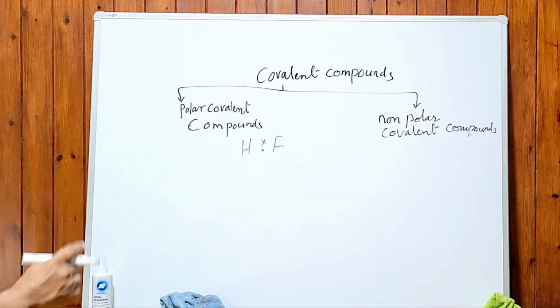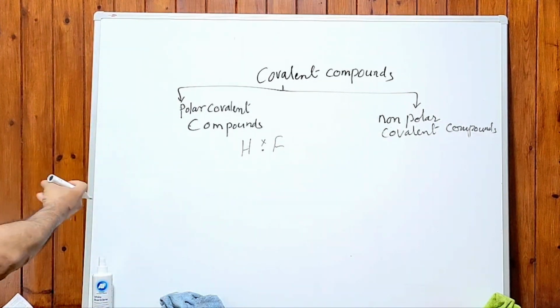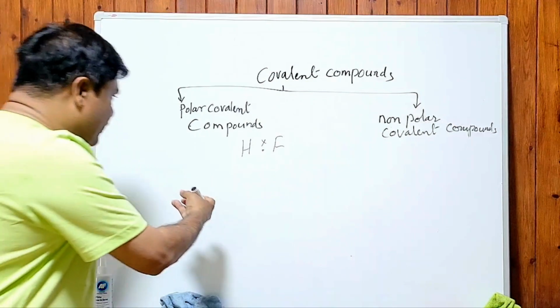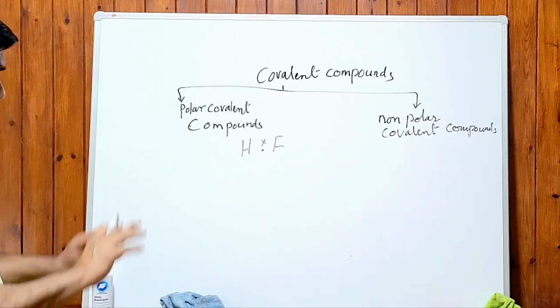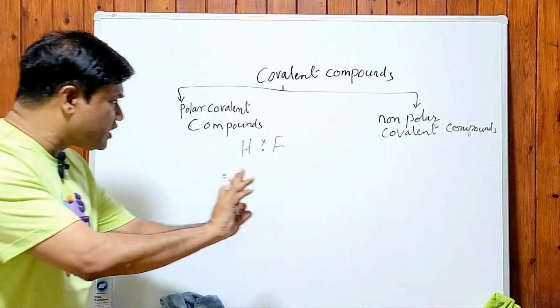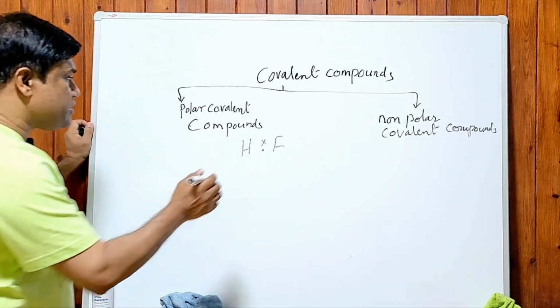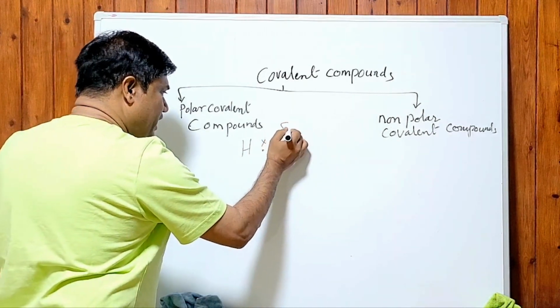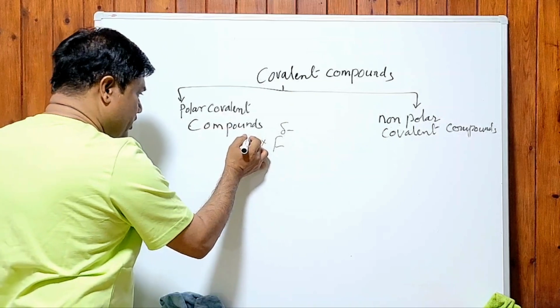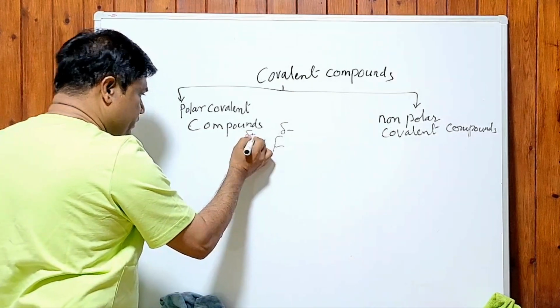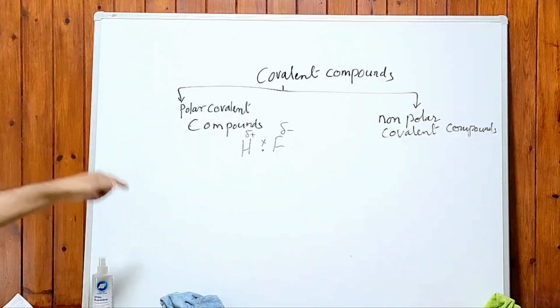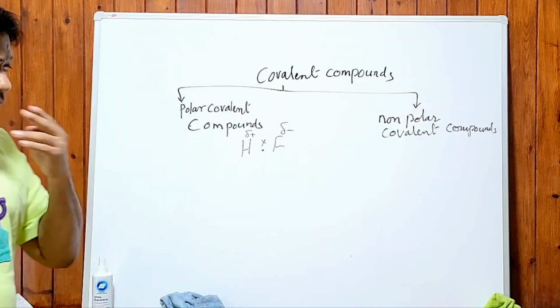Fluorine has the highest electronegativity, so it withdraws or attracts the shared pair of electrons. So that shared pair of electrons moves slightly towards fluorine. As a result, fluorine gets a partial negative charge and hydrogen gets a partial positive charge. This makes the molecule polar.